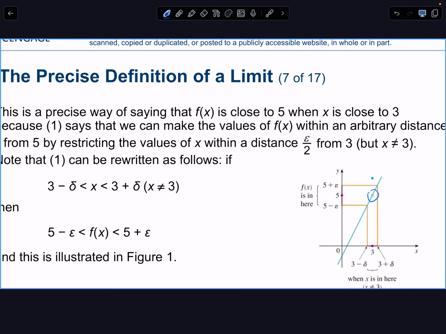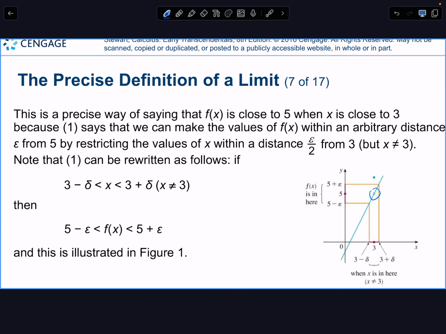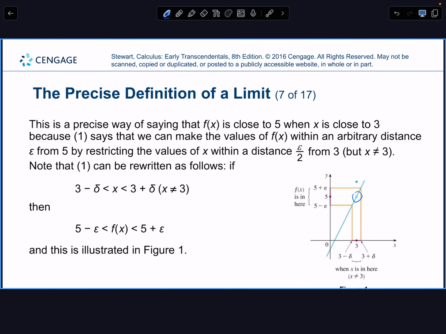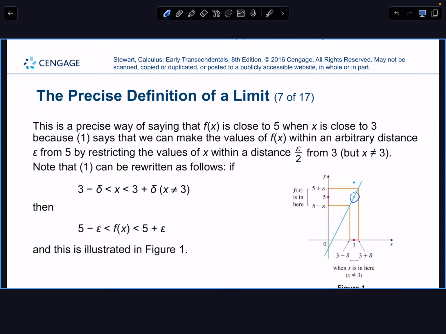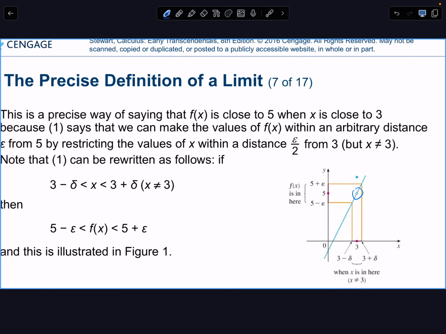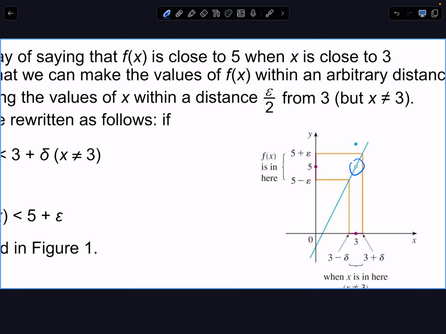But what does it actually mean for the y values to approach 5 as the x values approach 3? Well, it means that there's a teeny little gap on both sides of 5 when x is within a certain interval next to 3.